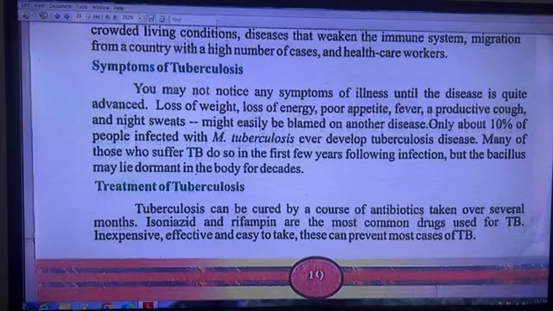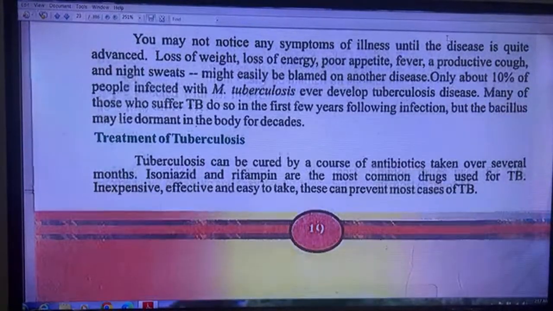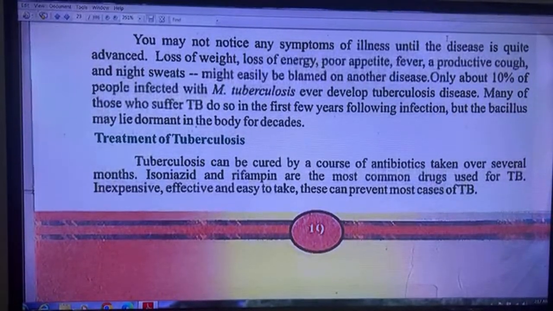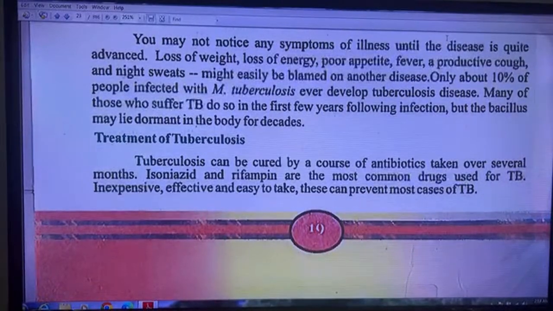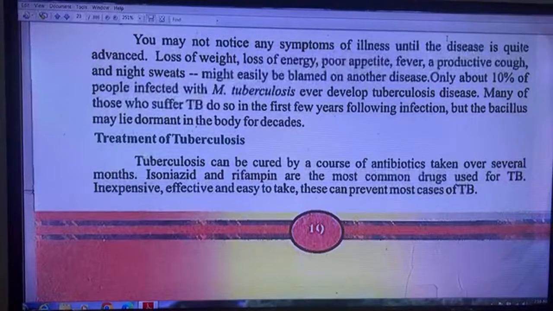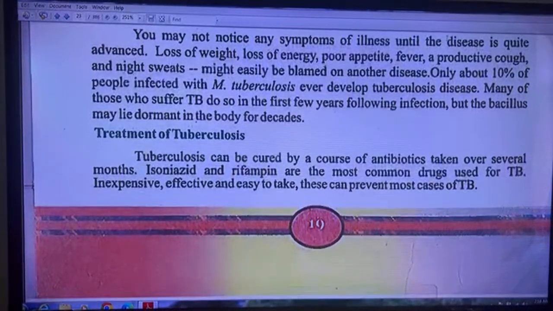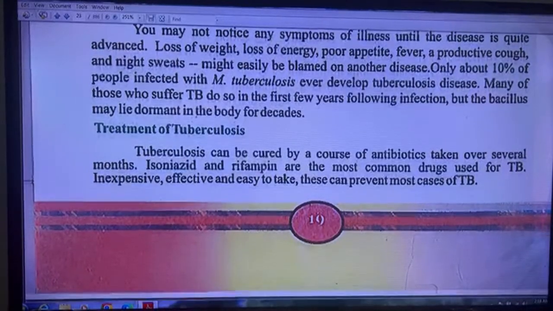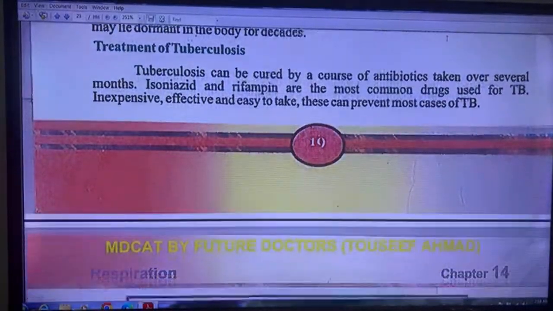Treatment of tuberculosis. Tuberculosis can be cured by a course of antibiotics taken over several months. Isoniazid and rifampin are the most common drugs used for TB. Inexpensive, effective, and easy to take. This can prevent most cases of TB.